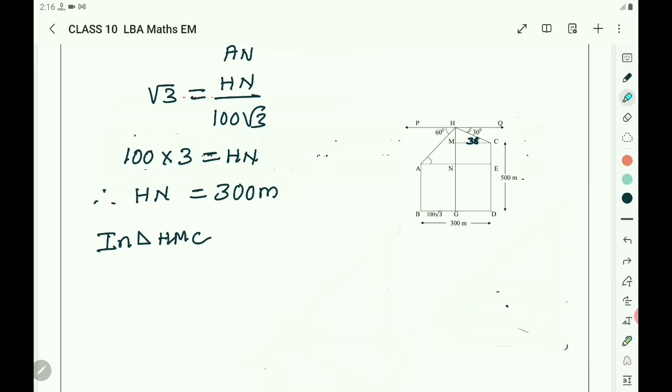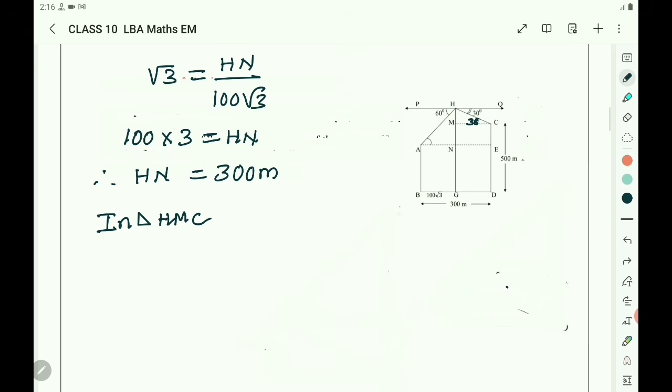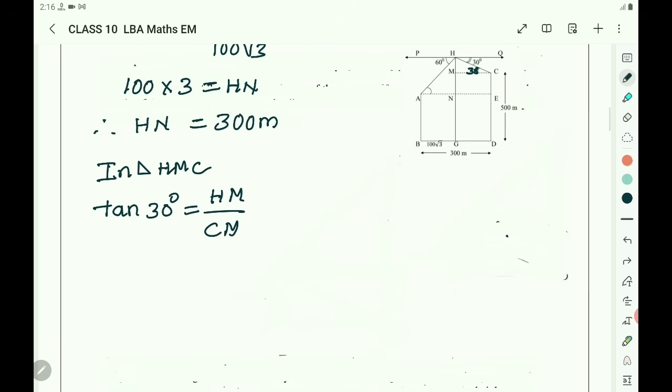The trigonometric ratio with opposite side by adjacent side is tan theta. Then you write tan 30 degree equals opposite side HM by adjacent side CM, HM by CM. Tan 30 degree value is 1 by root 3.